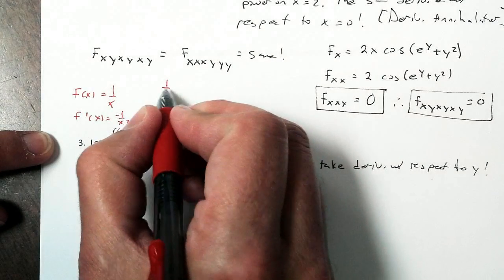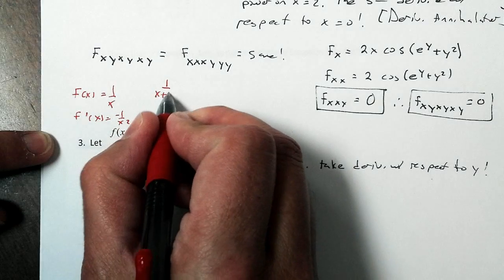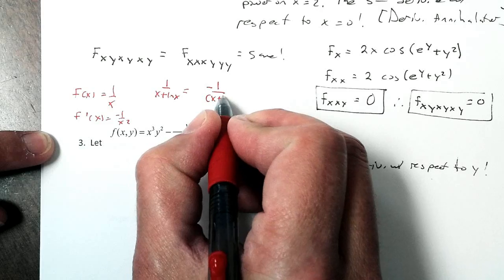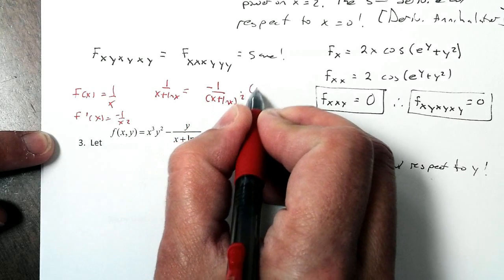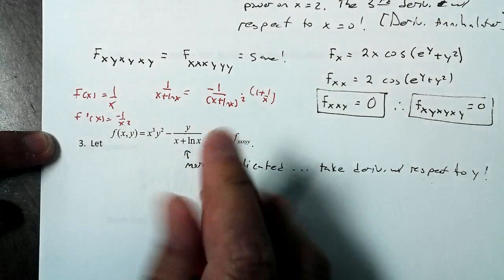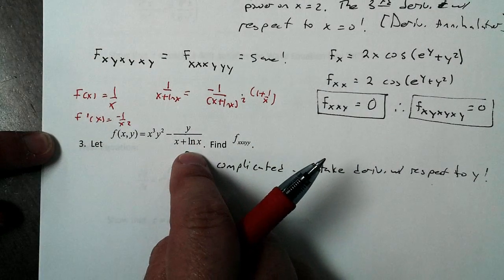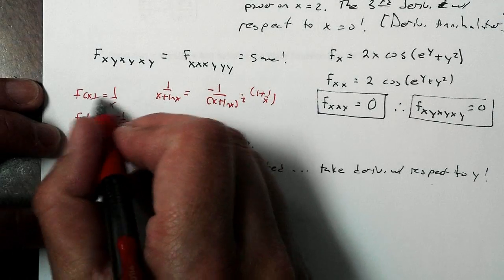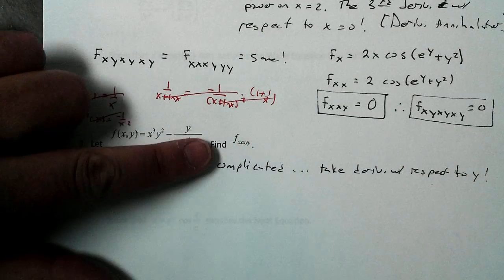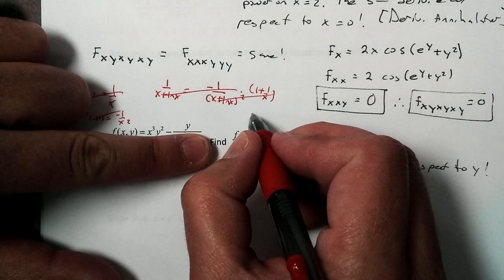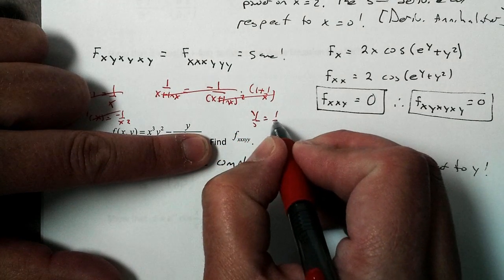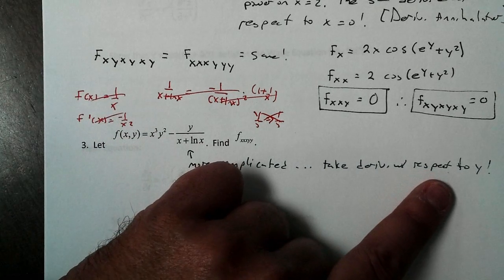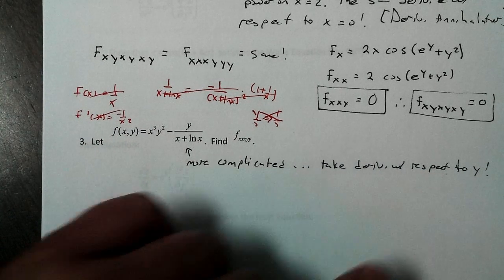So if I take the derivative of something like 1 over x plus natural log of x, we're going to get negative 1 over x plus natural log of x squared times 1 plus 1 over x. Well, that would just be the first derivative with respect to x. Then we got to do the second derivative, which becomes quotient rule. But if I treat x as like a constant and look only at the y's, this is like saying y over 5, well, its derivative is just 1 over 5. So I notice that's going to be a lot easier to do. And that's why I'm going to take the derivative with respect to y first.